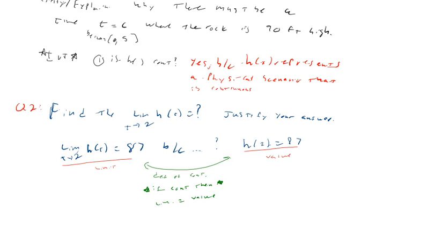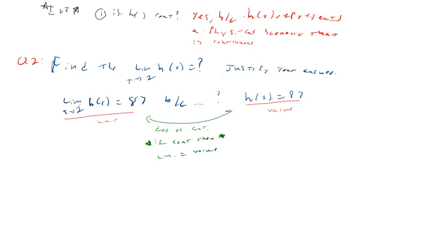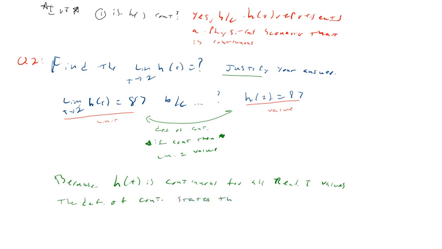And so the way we would justify this is we'd say, because h of t is continuous for all real t values, or you could say on an interval, whatever you want, the definition of continuity states that for all values, the limit as t approaches some c value of h of t equals the value h of c.